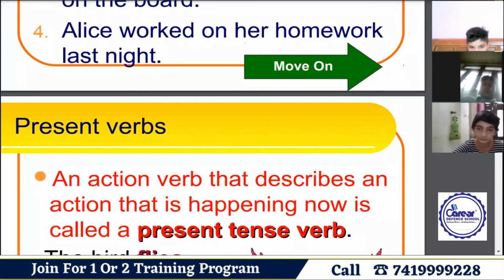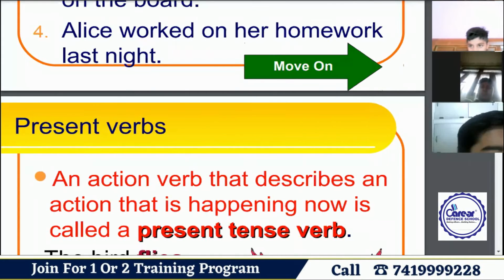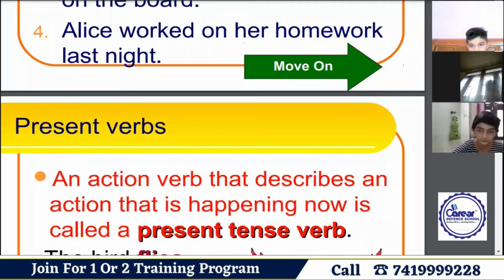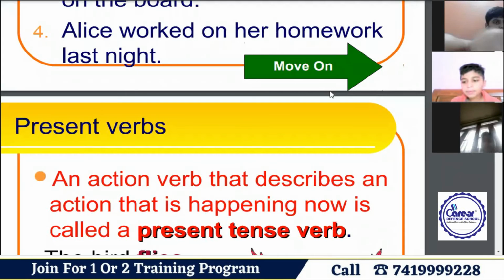Now Shobit will give me an example of action verb. You can give an example on your own. Shobit, unmute yourself, beta, as we are running out of time.